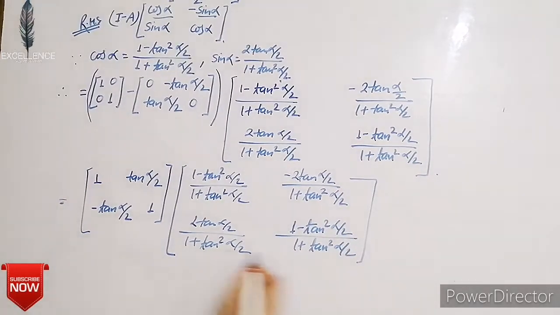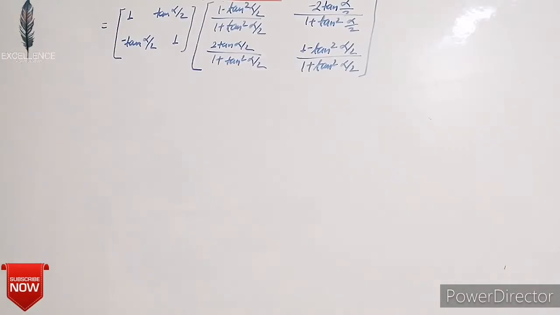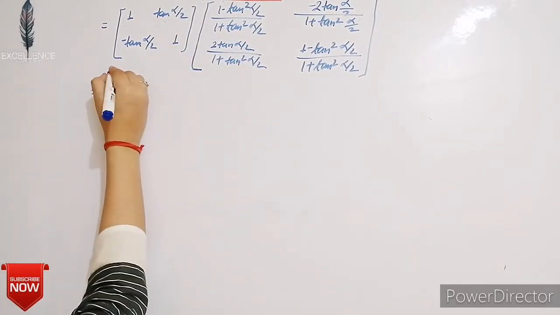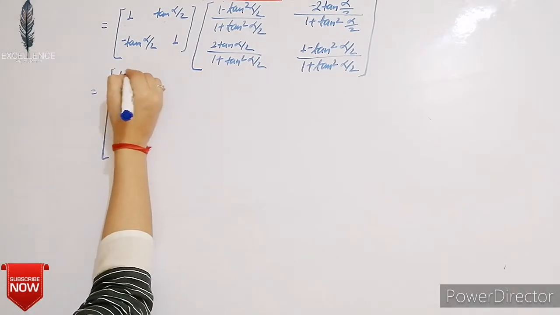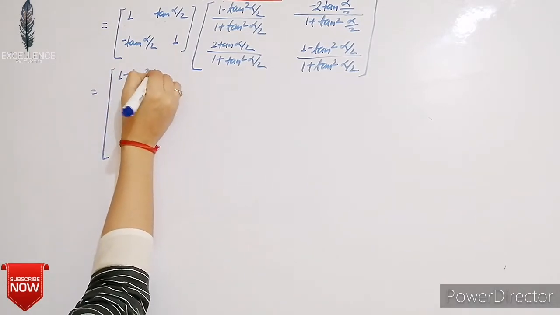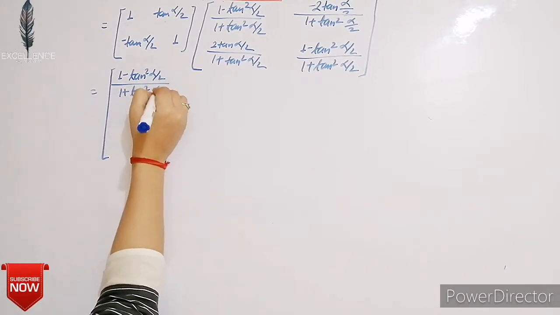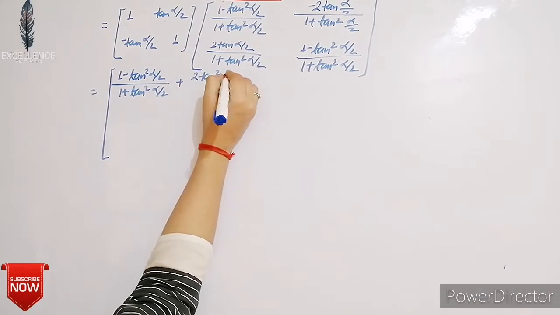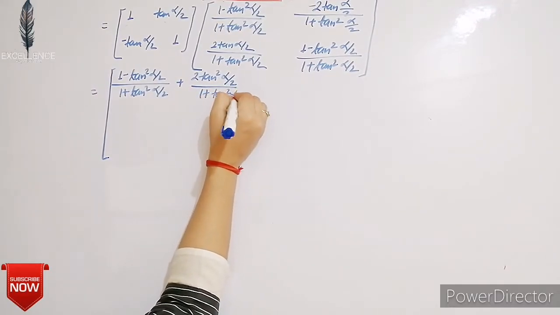Now we have to multiply these two matrices by the row by column process. So on multiplying, first we have first row by first column. So we have (1 minus tan square alpha by 2) upon (1 plus tan square alpha by 2) plus 2 tan square alpha by 2 upon (1 plus tan square alpha by 2).